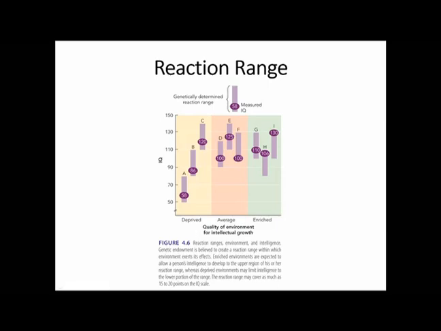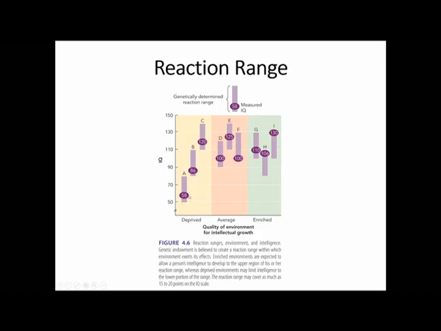What this basically means is, are you living in an area where you have lots of resources, an enriched environment where you'd have access to things that help you be smarter, things like access to books, a good school, a good teacher, lots of attention as a child. And then on the other end of the scale, a deprived environment would be maybe you weren't allowed to go to school, maybe you never saw books, maybe you're in a country that doesn't value education. Those all count as being in a deprived environment.